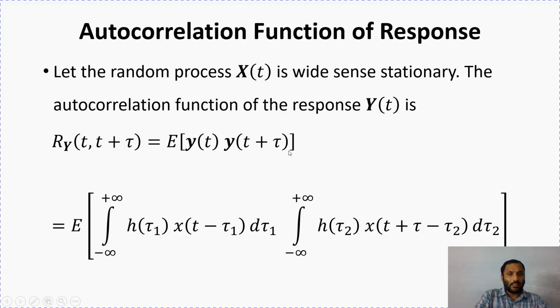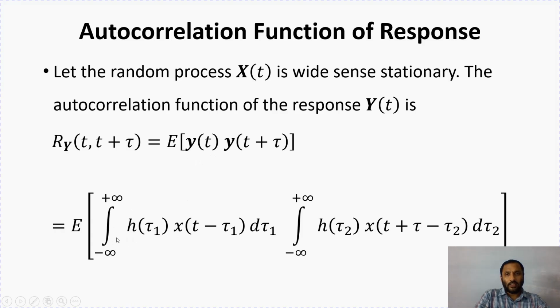Now expanding this expression, I can use the response of an LTI system. This is y of t, which is the response. The response of an LTI system is calculated by using the convolution integral, simply the convolution between the input and the impulse response of the system.